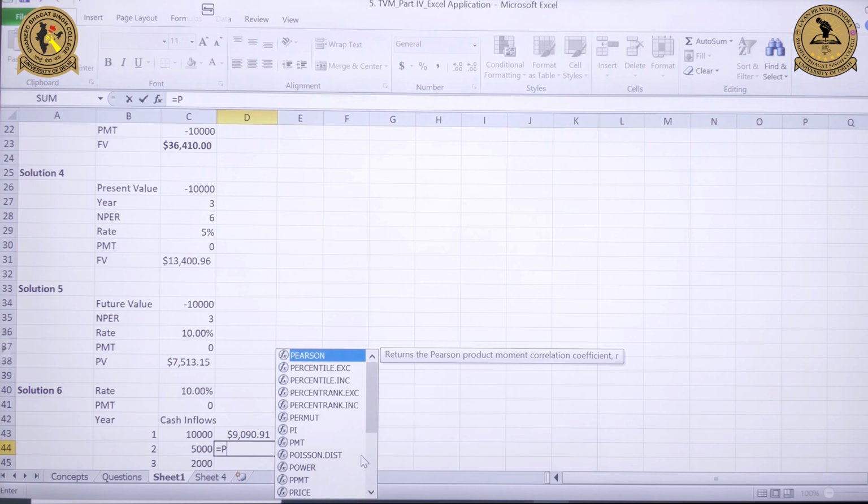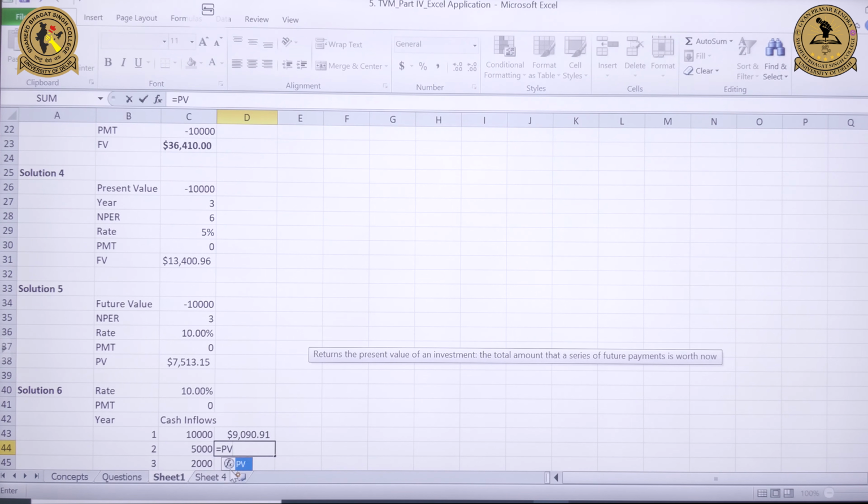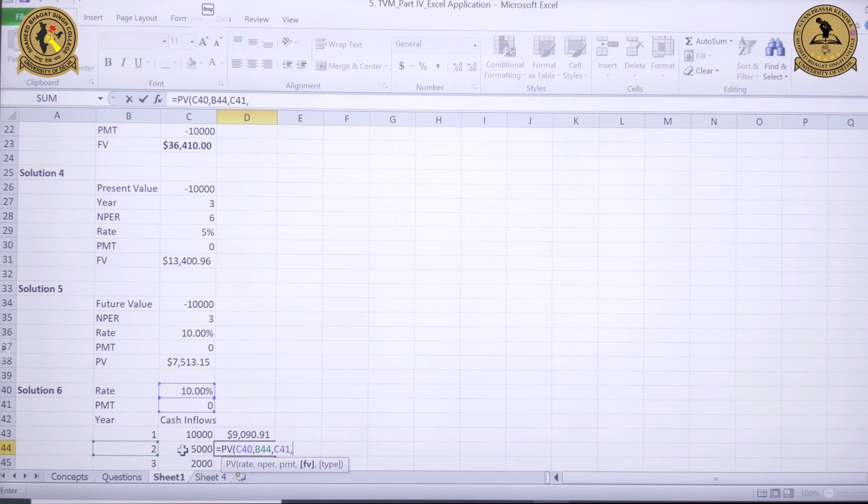Similarly, repeat this exercise for year 2 as well. Equals to present value, rate, NPER, which is 2 years, PMT is 0, future value is 5,000 and 0. It comes out to be 4132.23.